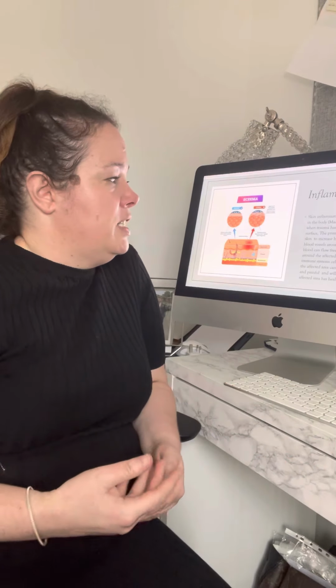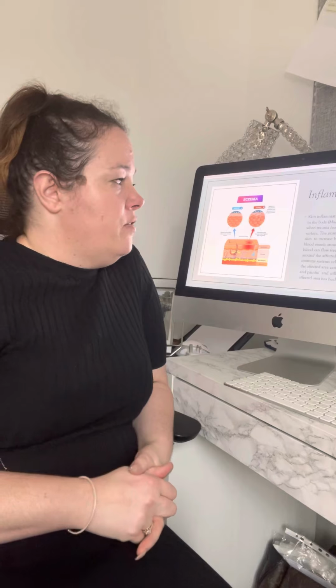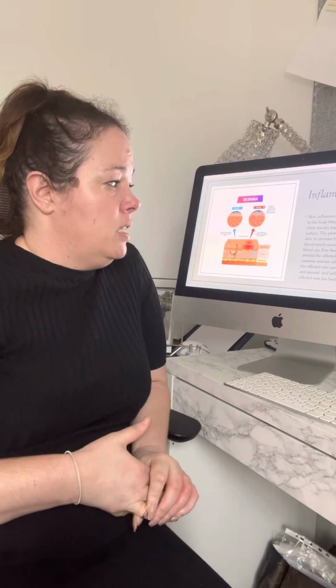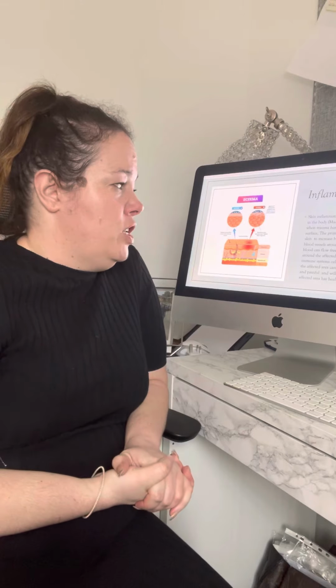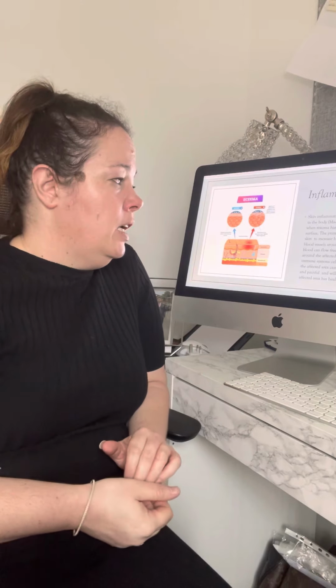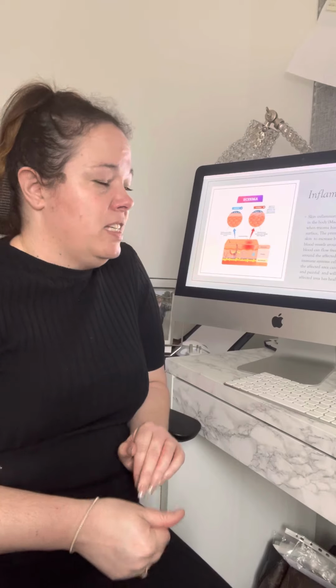So inflammation of the skin. The inflammation of the skin is a sign of the immune system's response to an invasion. Inflammation is caused when trauma has occurred to the skin surface.